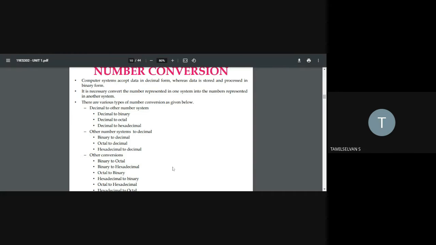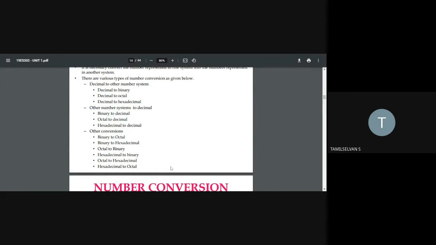Other than this, there are a lot of number conversions available. First one is binary to octal, binary to hexadecimal, then octal to binary, octal to hexadecimal, then hexadecimal to binary, then hexadecimal to octal. All these conversions, except octal to hexadecimal and hexadecimal to octal, are called the direct methodology.